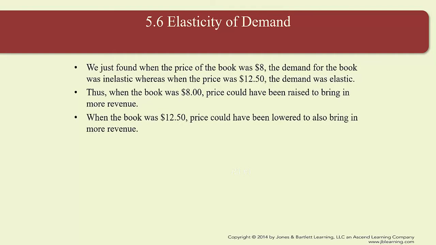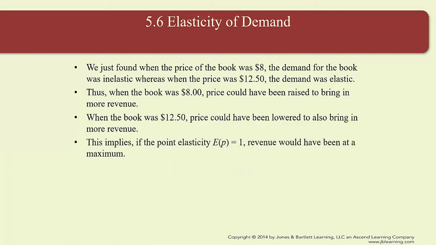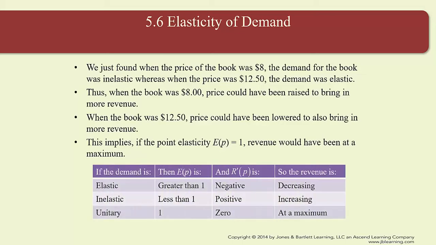However, when the book was $12.50, the price could have been lowered to bring in more revenue. So what this tells us is that if the point elasticity is equal to 1, remember that's unitary, revenue would have been at a maximum.